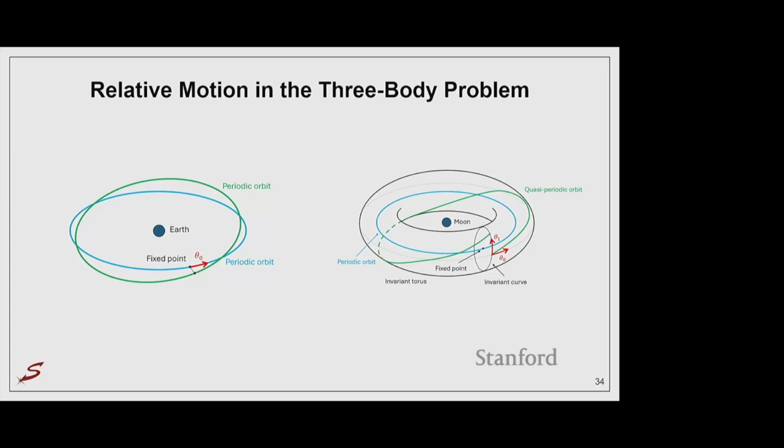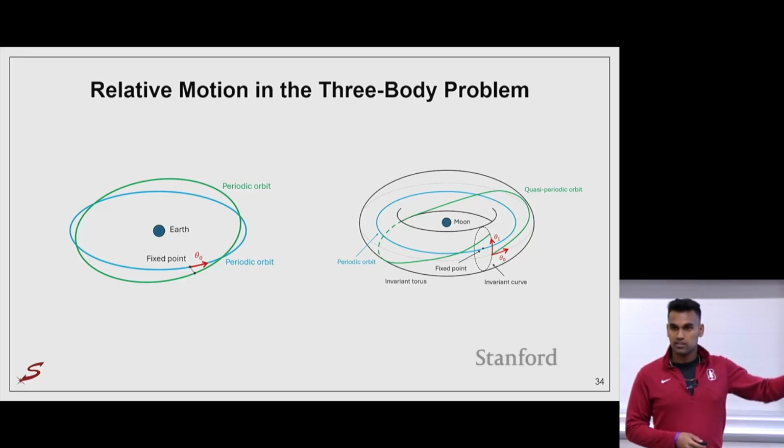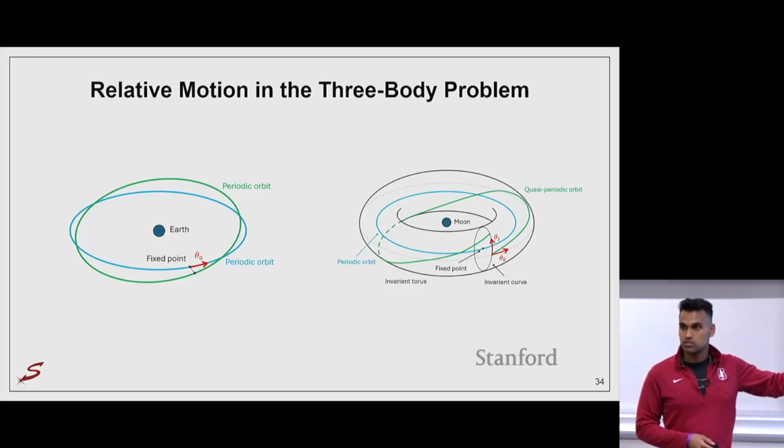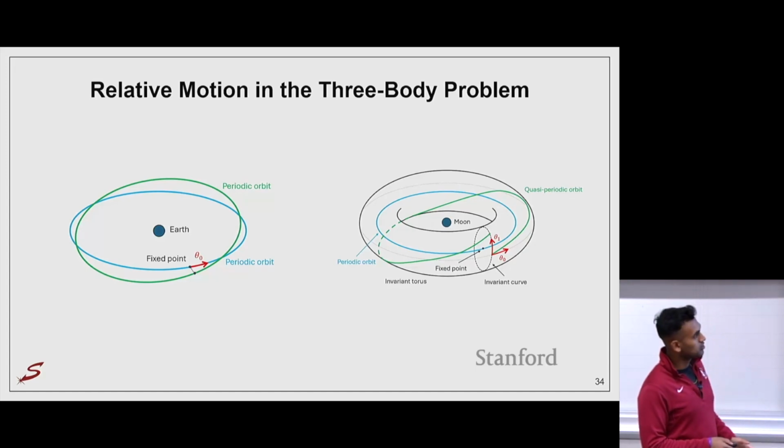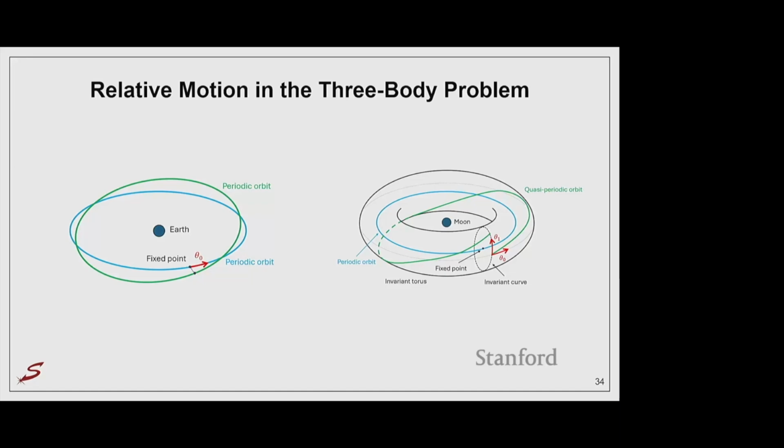In the two-body problem, each spacecraft is on a periodic Keplerian orbit around the Earth, and you take the difference in position or phase space between those to come up with your relative orbital elements. But in the three-body problem, you can have your chief spacecraft on a halo orbit, a periodic or absolute orbit, but your deputy spacecraft will be on a quasi-periodic orbit that forms about that periodic motion.